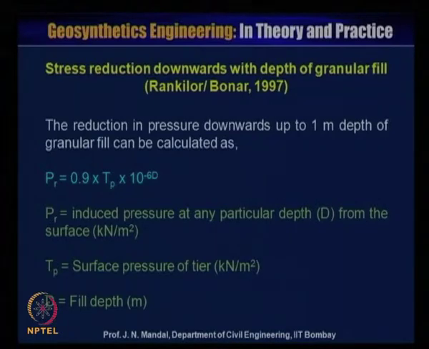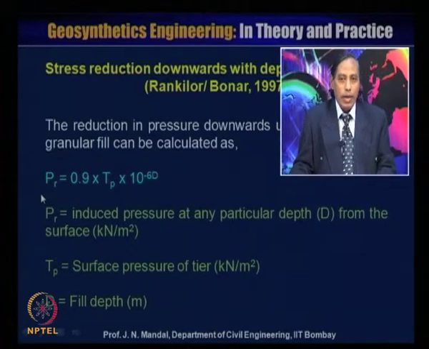The reduction in pressure downward up to 1 meter depth of the granular fill can be calculated using this equation, that is PR is equal to 0.9 Tp into 10 to the power minus 6 D, where PR is induced pressure at any particular depth D from the surface, in kilonewton per meter square, Tp is surface pressure of tire, in kilonewton per meter square, and D is the fill depth, in meter.